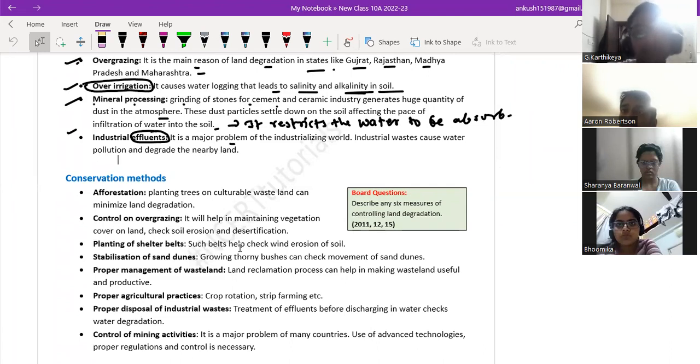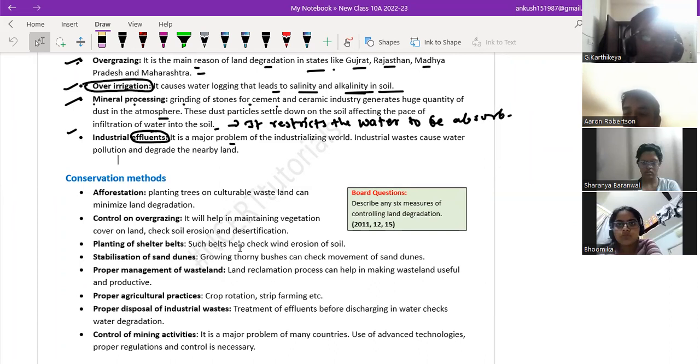Not only the land upon which it is traveling, but the beside land, the nearby land, is also affected due to these wastes. So this is all about land degradation and its causes.